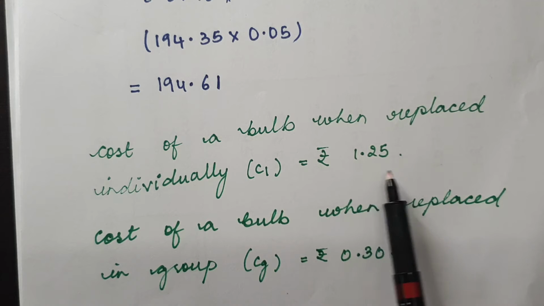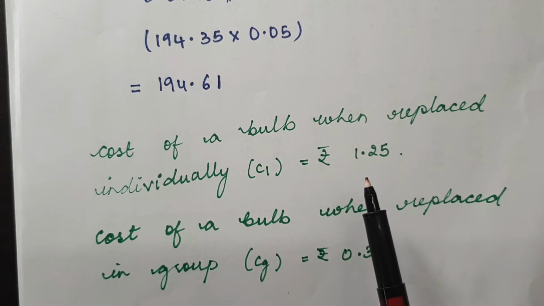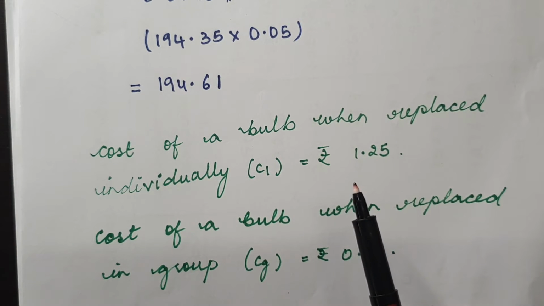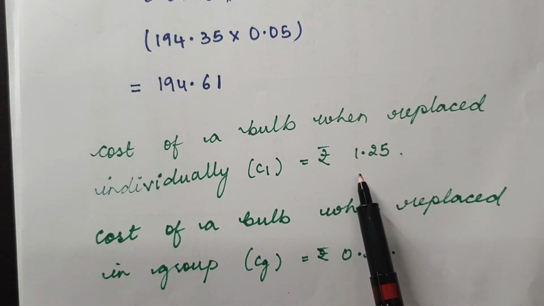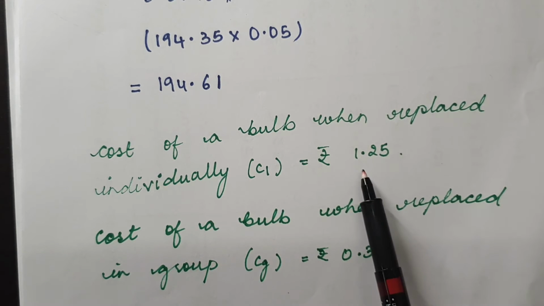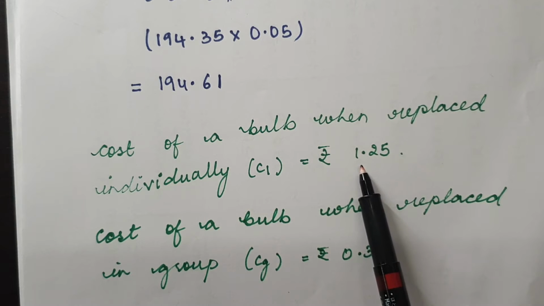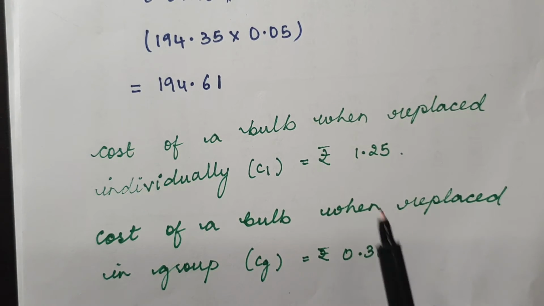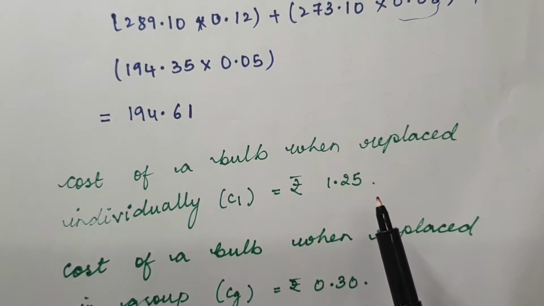If you are going for repair individually, for whatever damaged or not working bulbs are there, you replace only that bulb, the cost will be 1.25. Overall, whether it is in working condition or damaged condition, you replace all of them, how much is the technician charging? 0.30 paisa. If individual replacement, how much is charging? 1.25. Whatever is given in the question, just those things I wrote again.